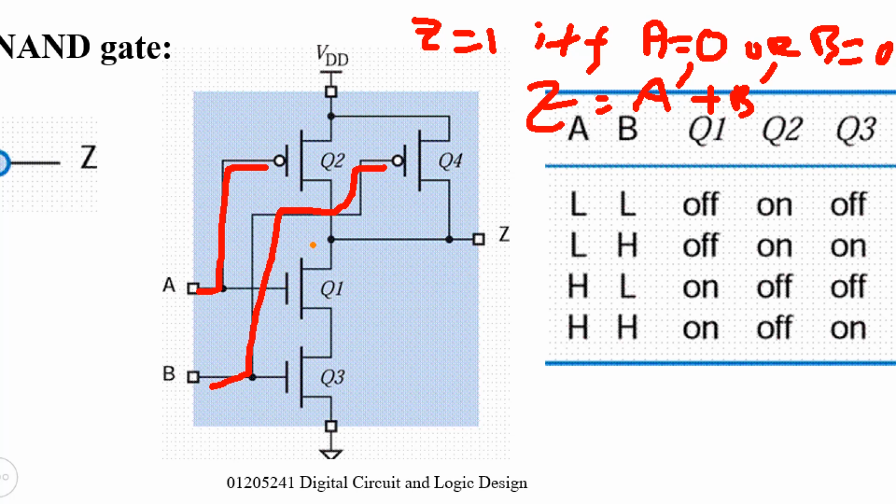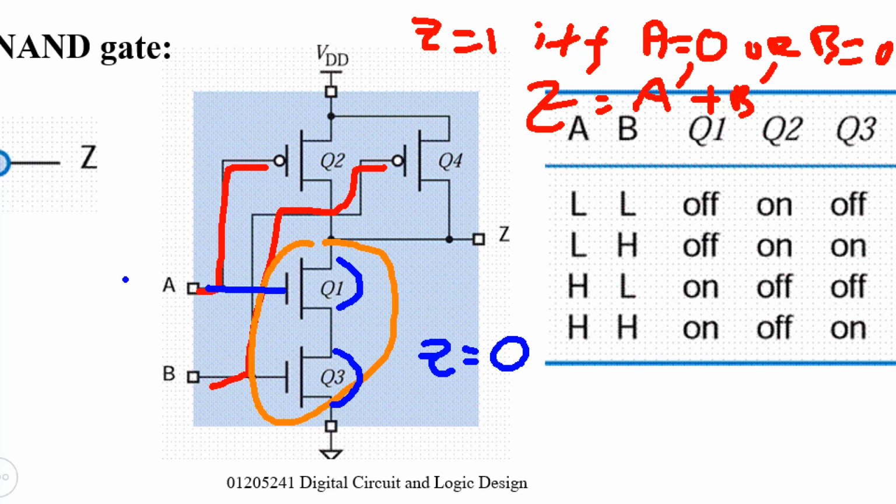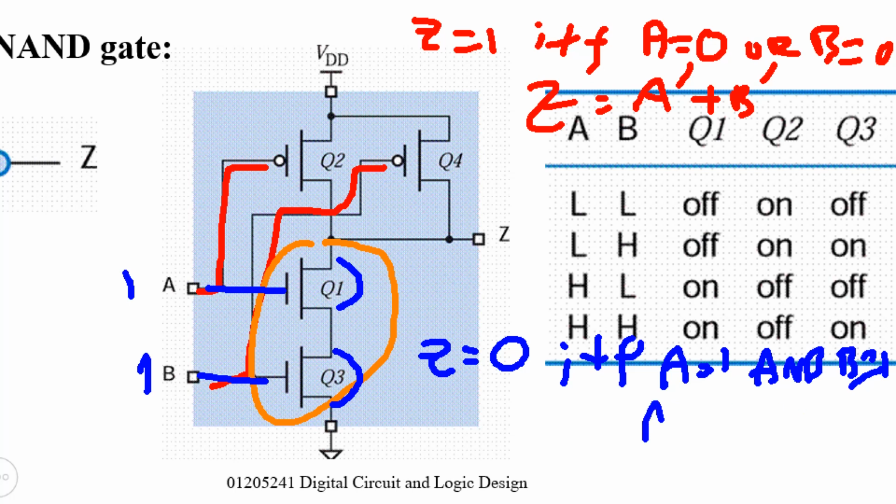Or you can also analyze the lower part of the circuit. When you consider the lower part, you must ask when the output will be 0. The output will be 0 when Q1 turns on and Q3 turns on. That means A must be 1 and B must be 1. So if and only if A is 1 and B is 1, A and B. But this expression is for Z equal to 0, right?